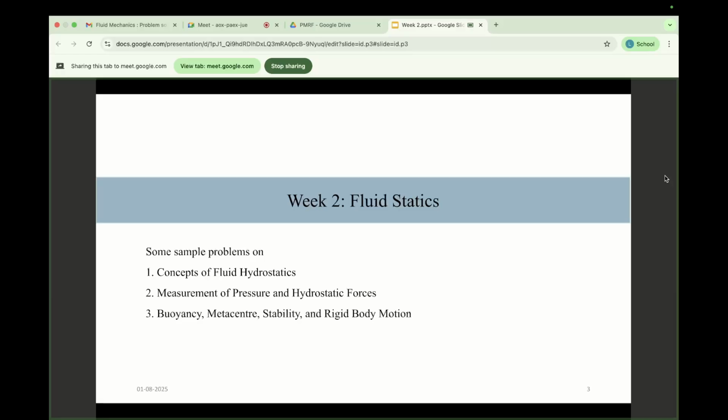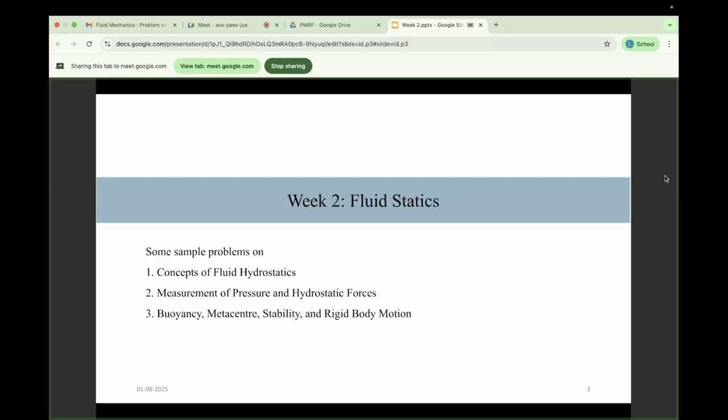So these are the three concepts. The first is the concept of fluid hydrostatics. Next is the measurement of pressure and hydrostatic forces. This second concept is quite important even for the designing of pipelines and all these things. The third is buoyancy, metacenter, stability, and rigid body motion.